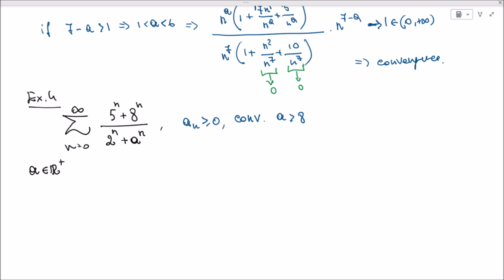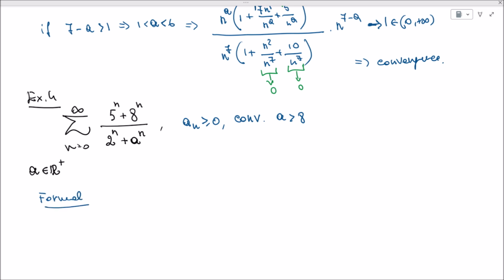If we have a larger than 8, we have this sequence that will tend to 0, first of all, so the necessary condition is satisfied, and we can just apply the root criterion, and we'll see immediately how this goes. So let's give a formal proof of this fact.